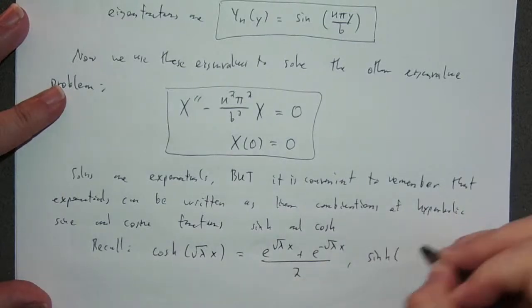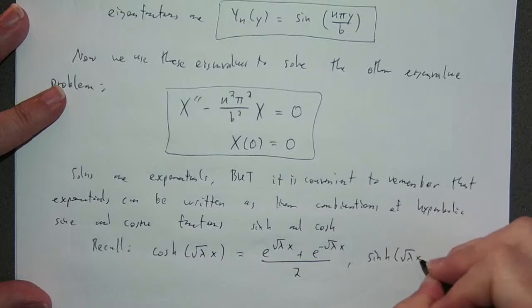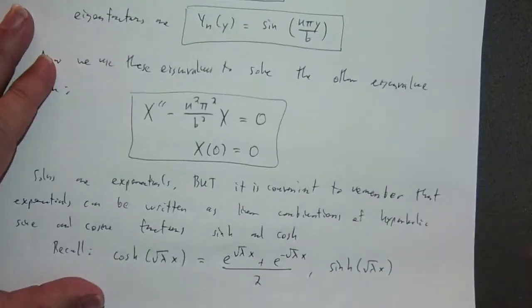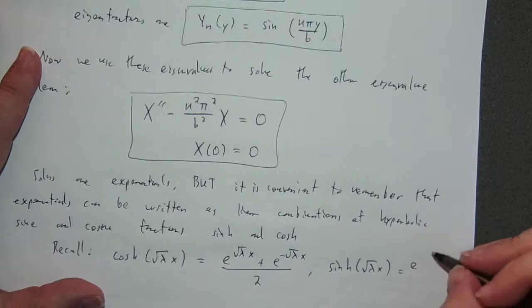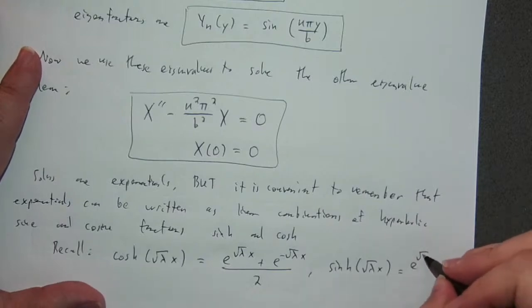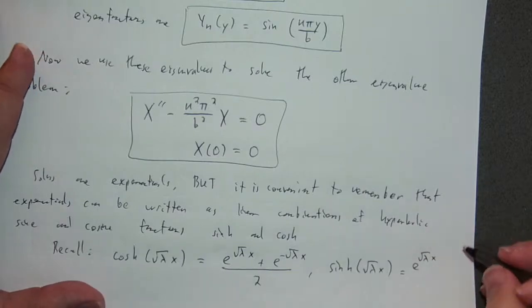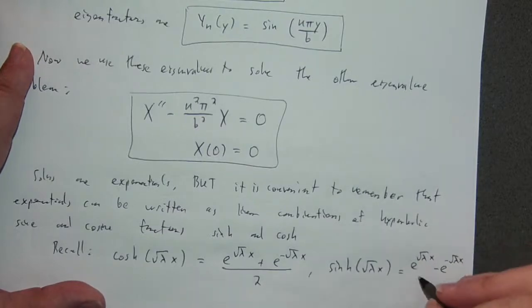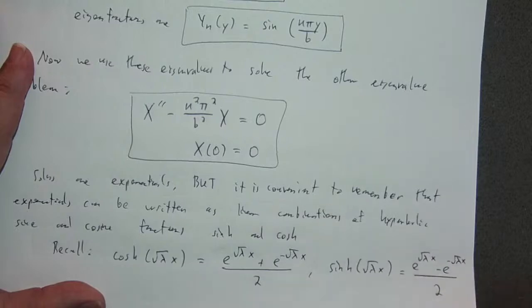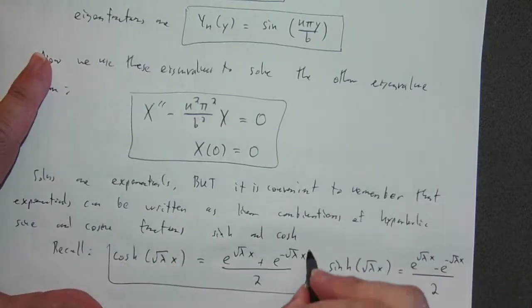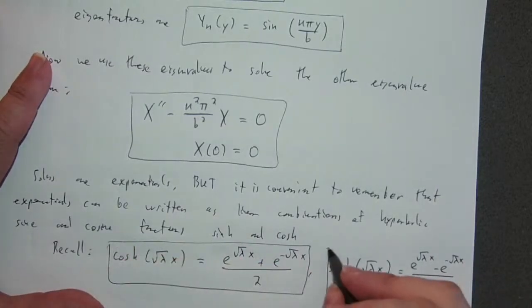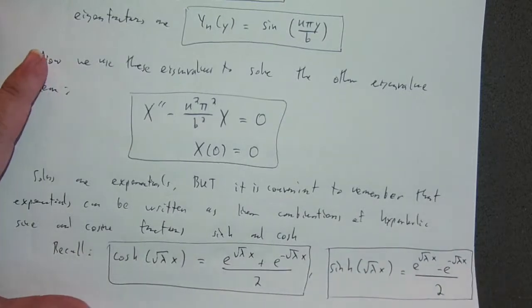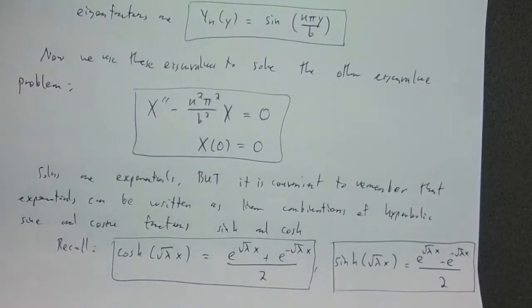And sinh of square root lambda x equals e to the square root lambda x minus e to the minus square root lambda x over 2. So if it's been a while since you've seen these, here's a quick refresher.